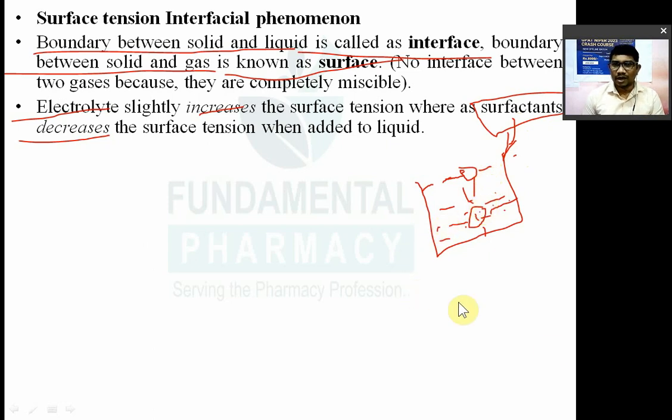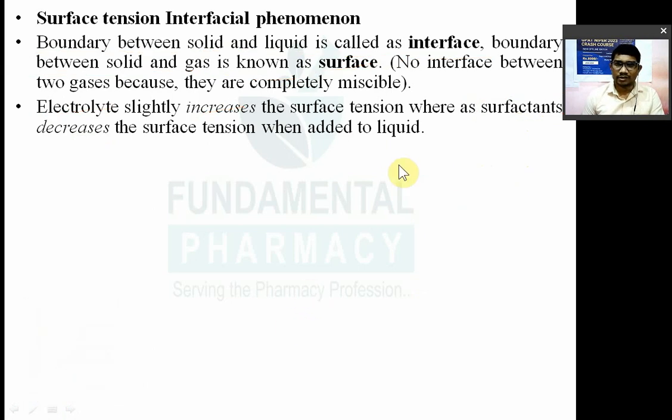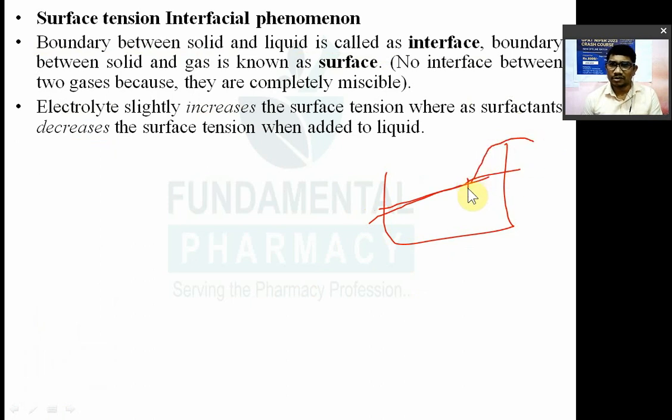If two liquids are immiscible, there is just an interface there. For example, oil and water: water is below, oil is above, and between them there is a boundary, that is known as the interface. Now if you add a surfactant over here, the surfactant will go to the interface initially.